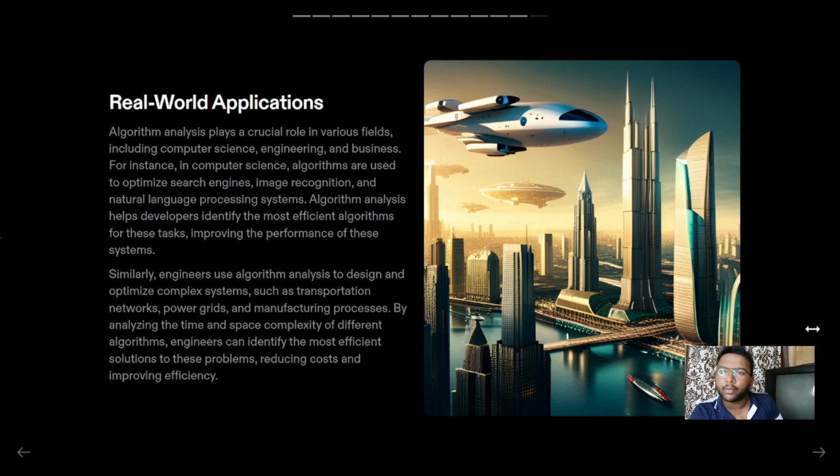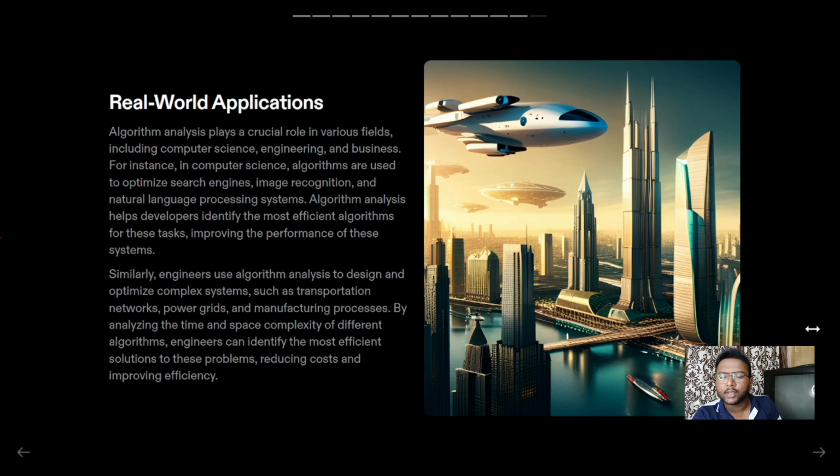Real world applications of algorithms. Algorithm analysis plays a crucial role in various fields, including computer science, engineering, business, etc. For instance, in computer science, algorithms are used to optimize search engines, image recognition software, and natural language processing systems. Algorithm analysis helps developers identify more efficient algorithms for their tasks, improving the performance of these systems.